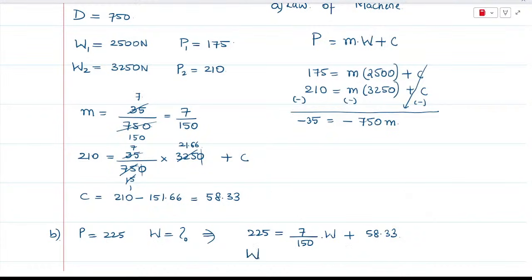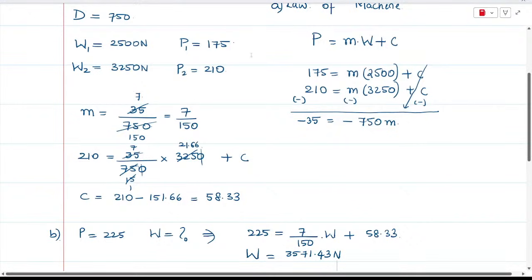So W upon calculation is 3571.43 newtons of load can be lifted. As you are increasing the effort to 210, the load has been increased to 3250.